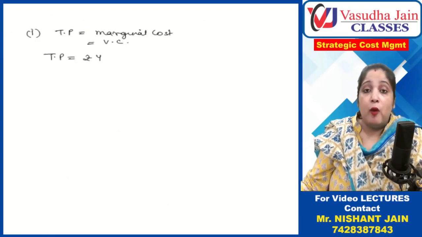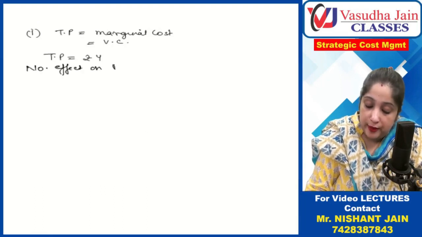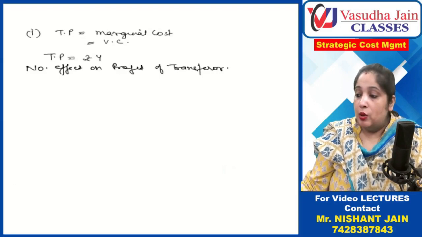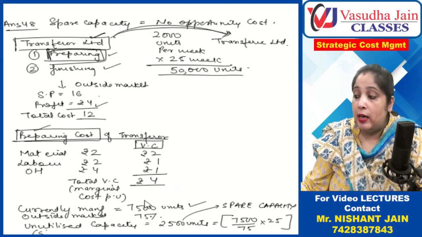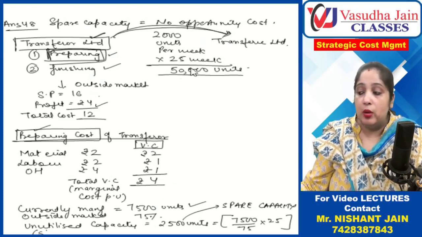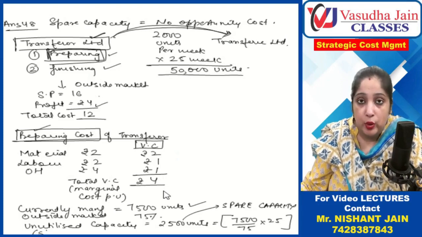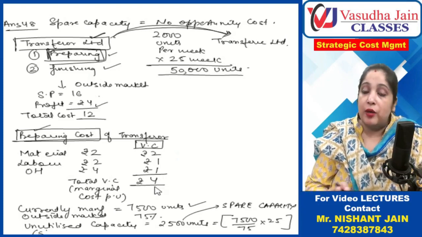So there will be no profit, no loss, no effect on profit of transferor. Why? Because you are paying to them that much what they are going to incur in order to supply to you this 50,000 units. So when 50,000 units will be supplied at rupees 4 per unit, only cost is recovered, no gain is there, so no effect on profit.